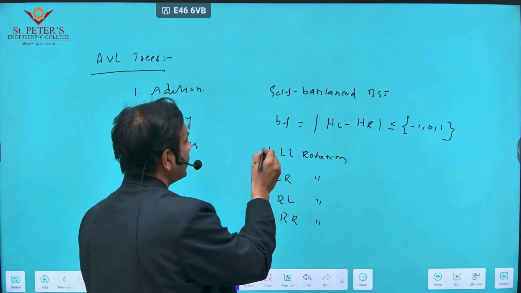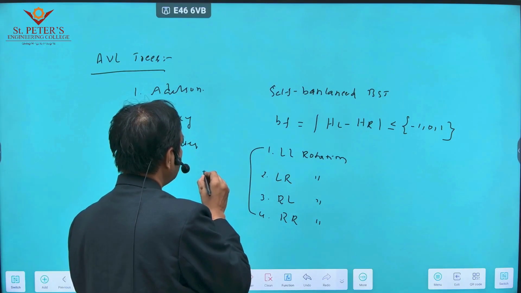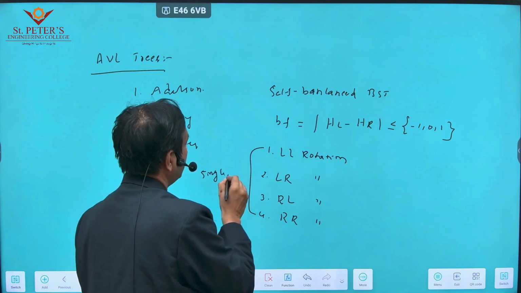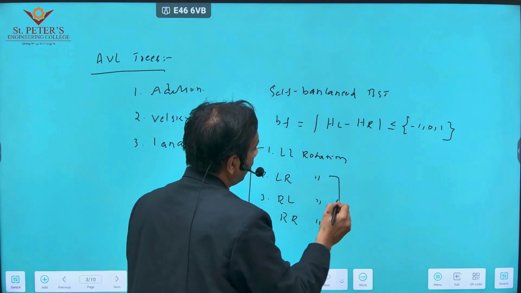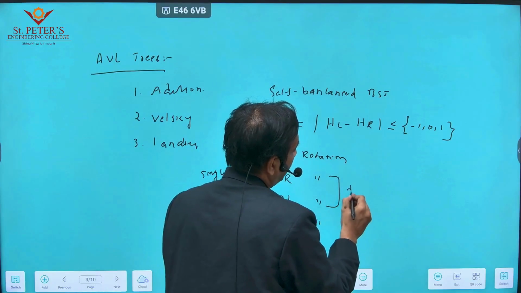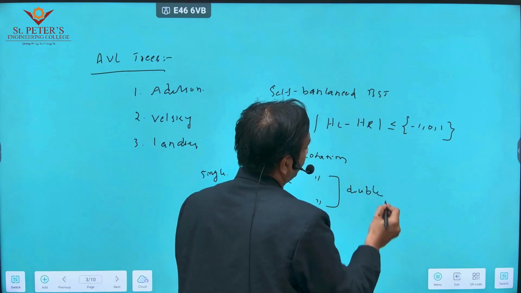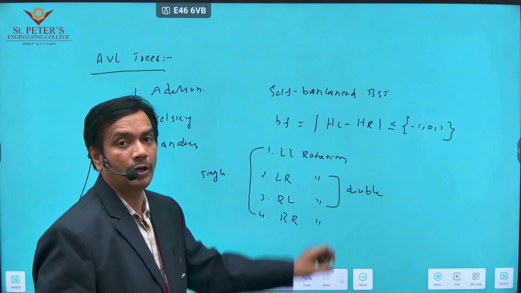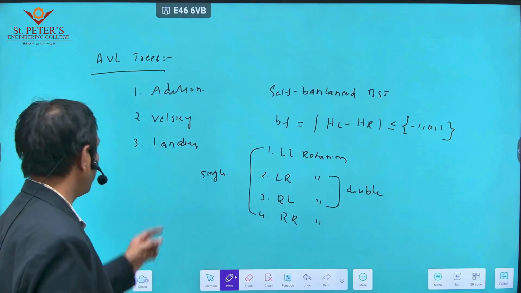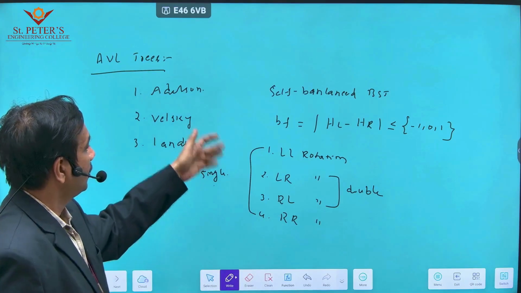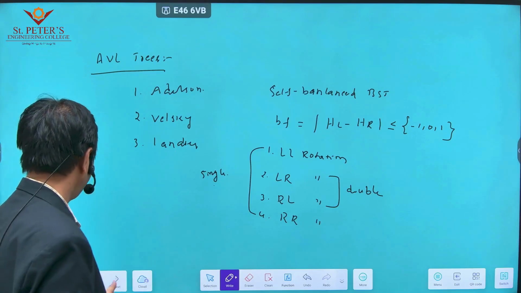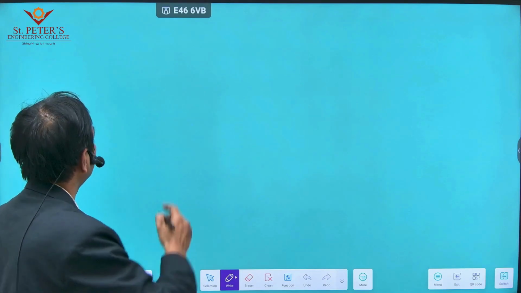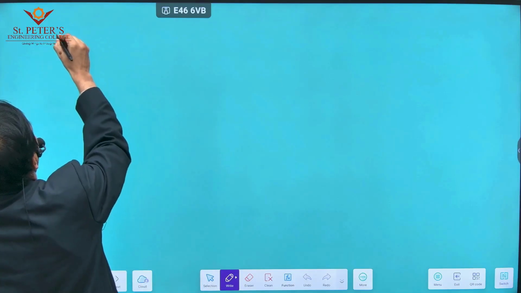The LL rotation and RR rotation are called single rotations, whereas LR rotation and RL rotation are called double rotations. Now we are going to discuss these rotations. First one is LL rotation.